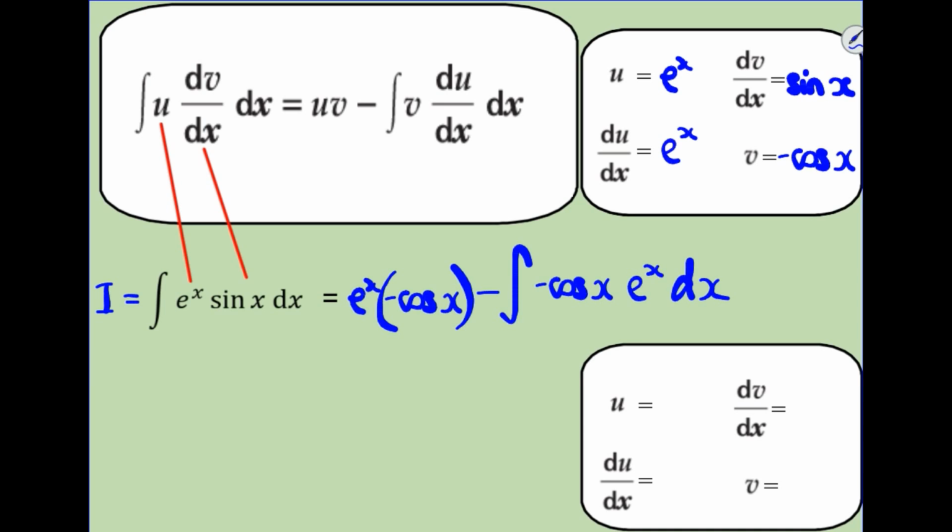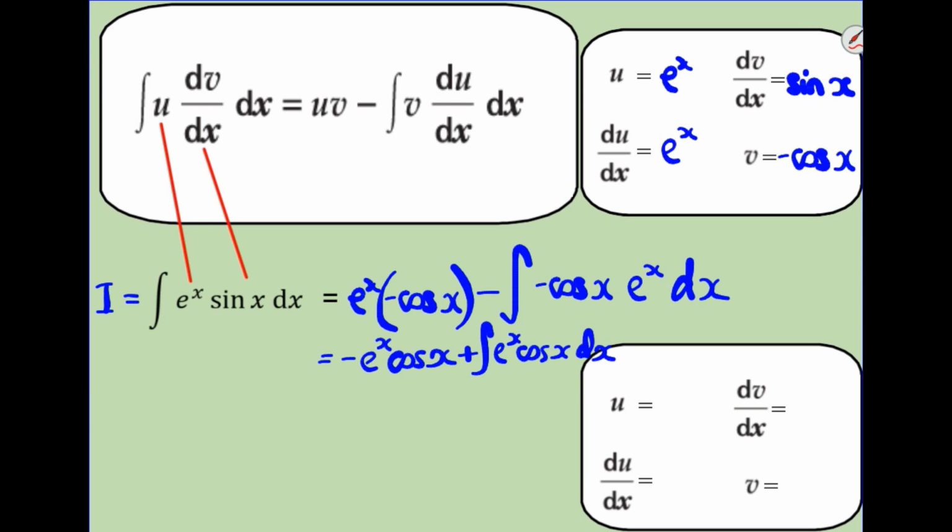Let's simplify a little bit. So now on the second line we'll have negative e to the x multiplied by cosine of x, and subtract the integral of e to the x cosine of x. You'll notice the negatives have cancelled each other out.